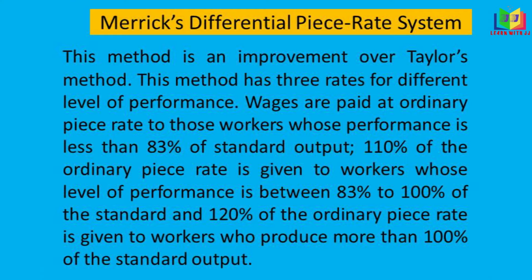In this method there are three different rates, based on the level of performance of the employees. The wages are paid at the ordinary piece rate to those whose performance is less than 83% of the standard output. 110% of the ordinary wages is paid to those employees who achieve 83% to 100% of the standard output.